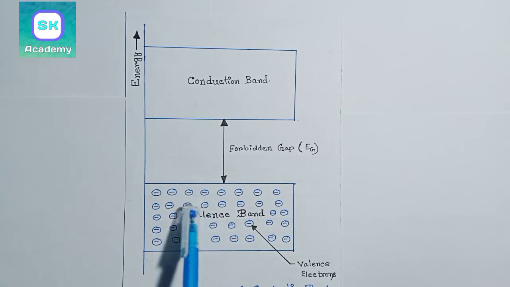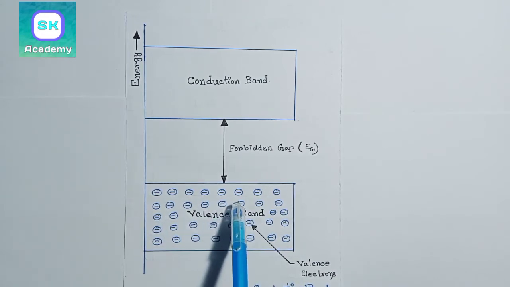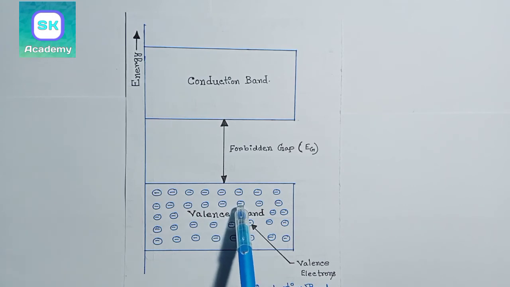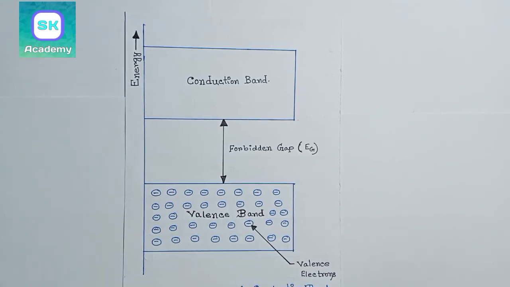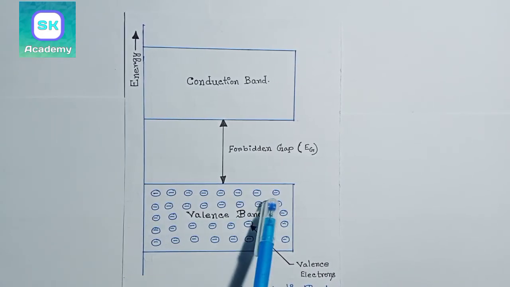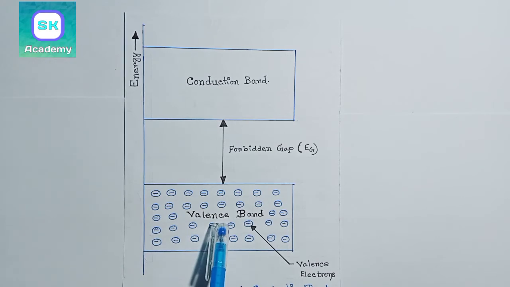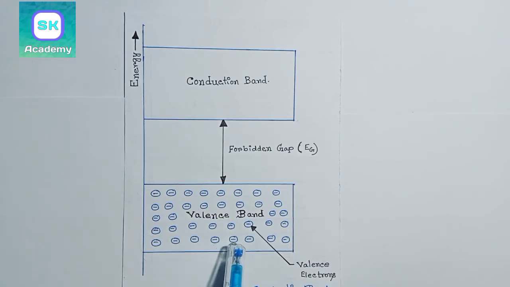Electrons in the valence band are called valence electrons. In valence band, all the permissible energy levels are occupied by valence electrons. In valence band, no electron can move, so valence electrons can't contribute any current.